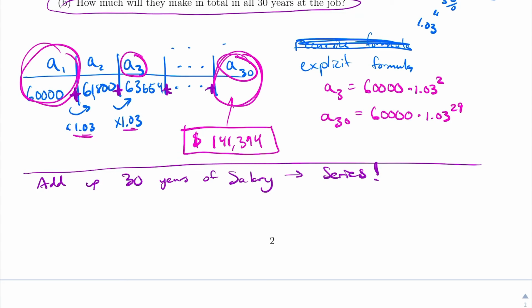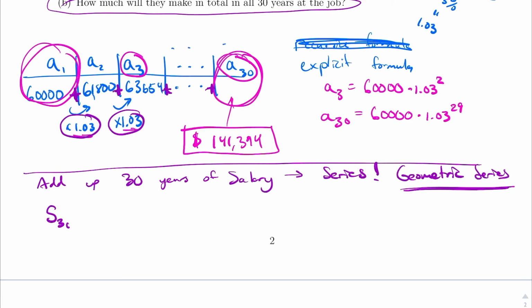And in fact, because it's multiplying by 1.03, we can identify that it's a geometric series, which means that to compute it, we get access to not only the shift method, but also our formula. So it looks like we're trying to add up the first 30 years of our salary.